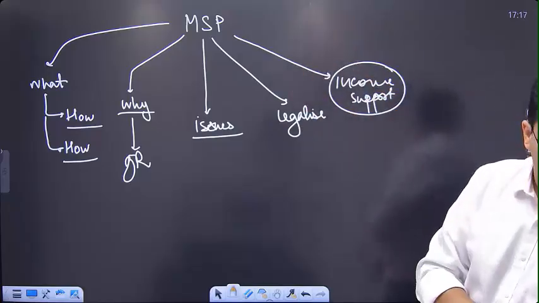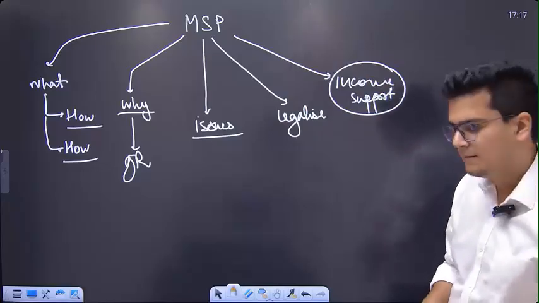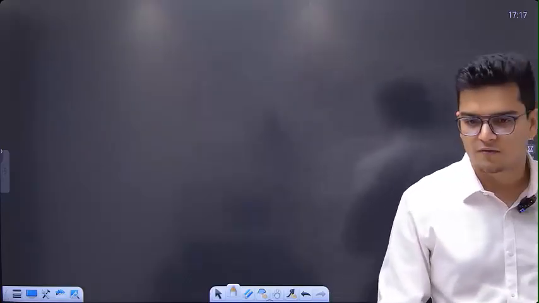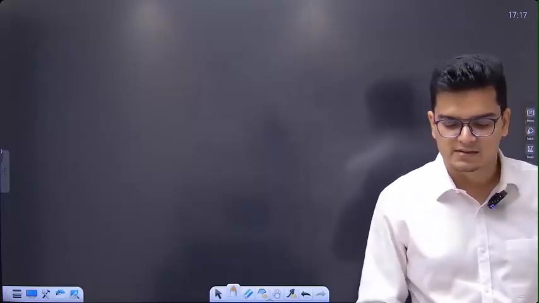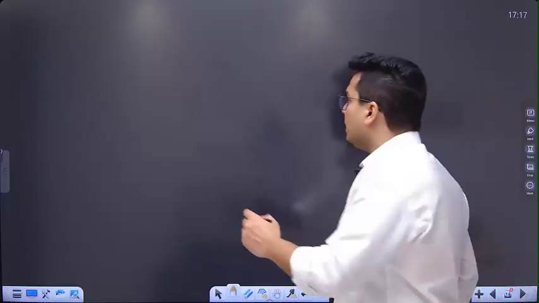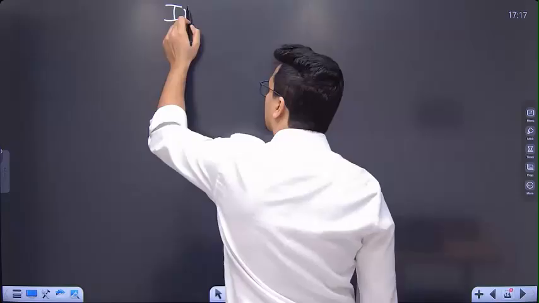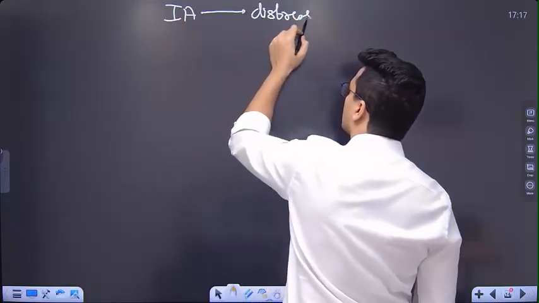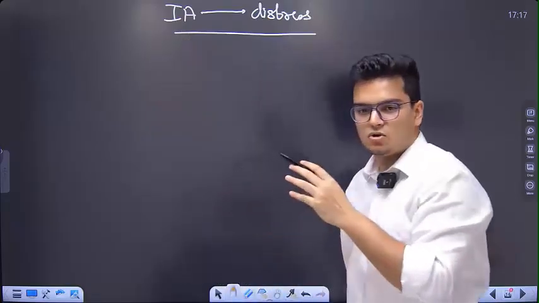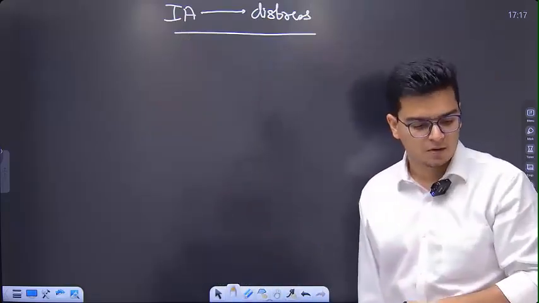Now, the next topic that we're going to read is actually something that you are going to teach me. Okay, because I have already spoken about this in a lot of detail, and we have covered agriculture at all levels. So we are going to now read about why Indian agriculture is in distress. Indian agriculture is not growing, it is in distress. Okay.